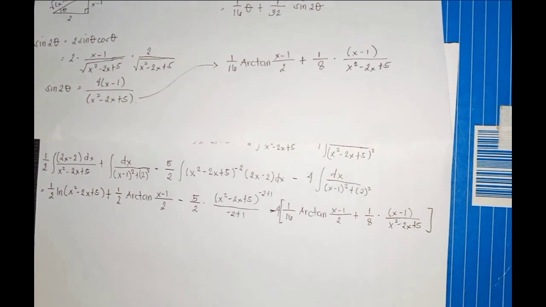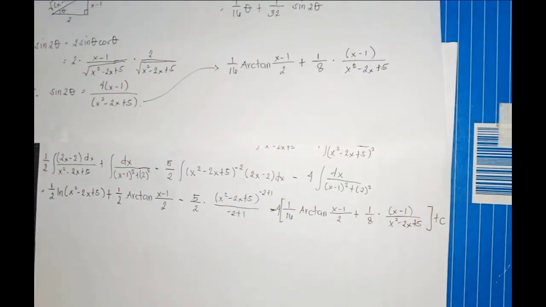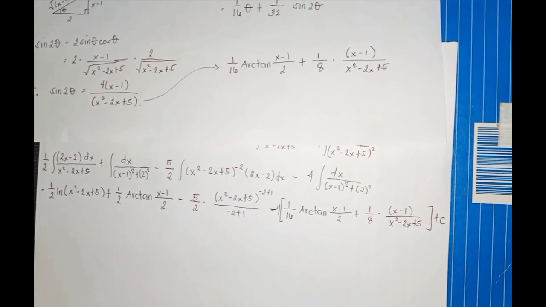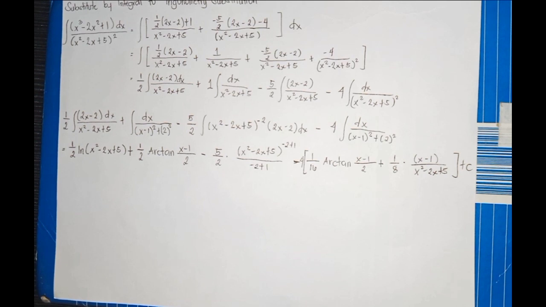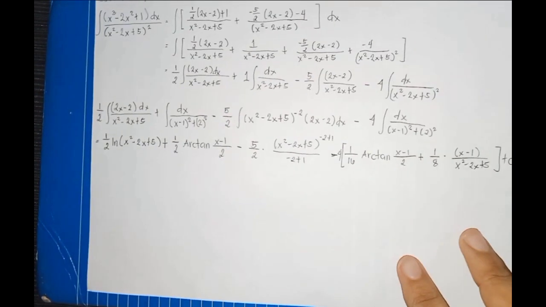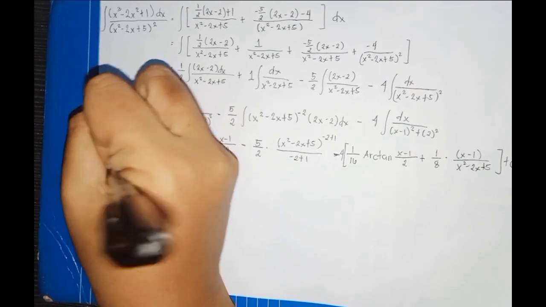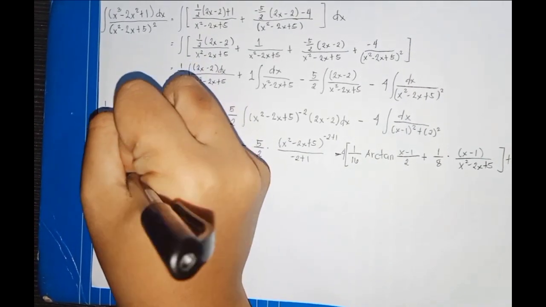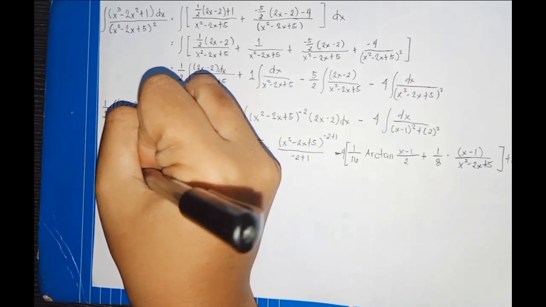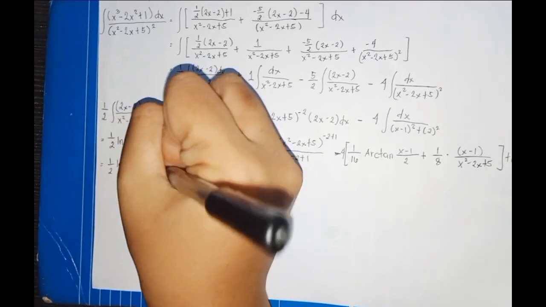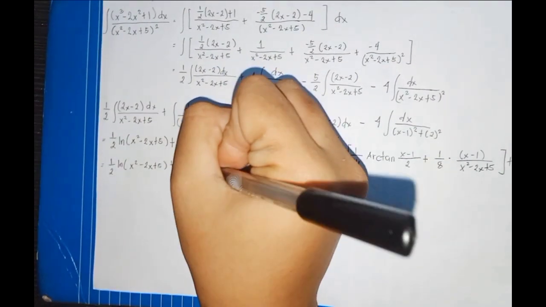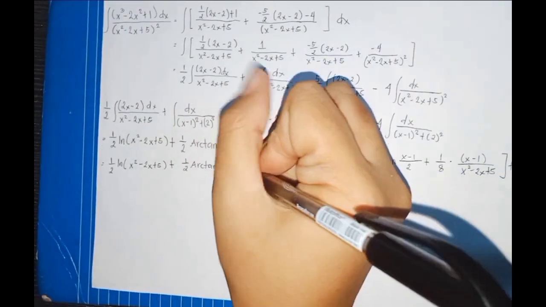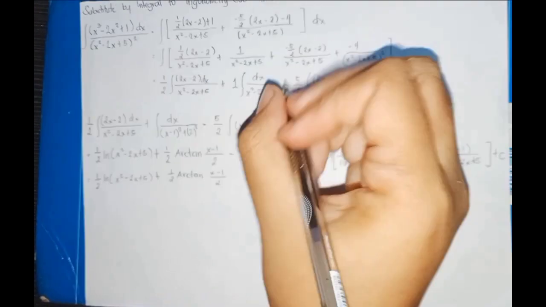So the next thing that will happen is we just need to copy this 1/2 ln x squared minus 2x plus 5 plus 1/2 arctan x minus 1 over 2.